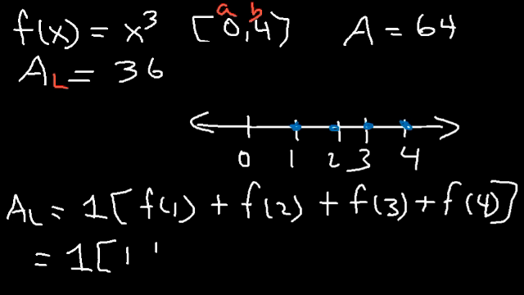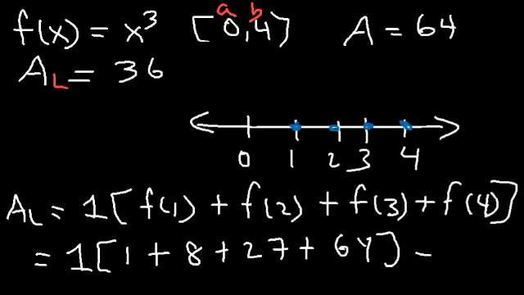So 1 cubed is 1, 2 to the third is 8, 3 to the third is 27, 4 to the third is very big, that's 64. So this is definitely an over approximation. So 1 plus 8 plus 27 plus 64 is 100. So AR is 100.